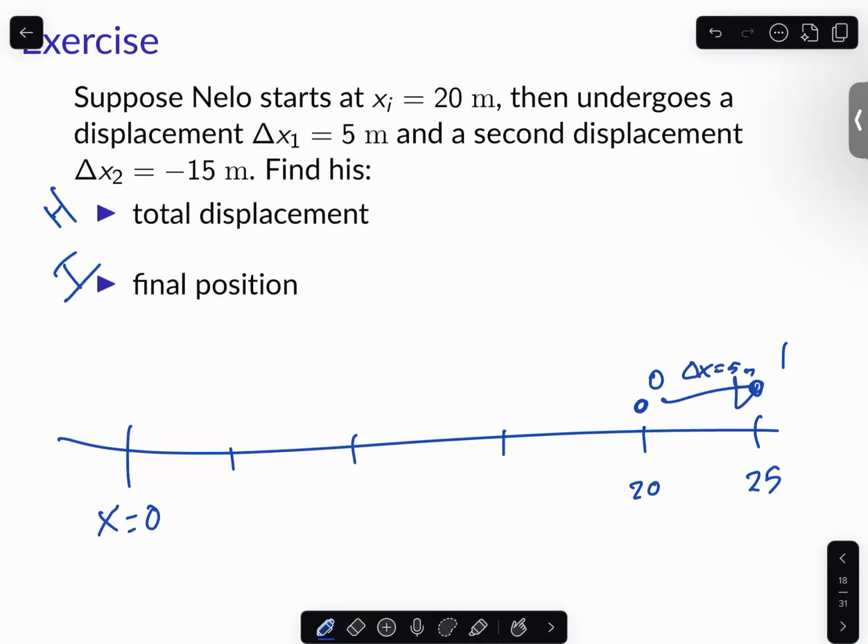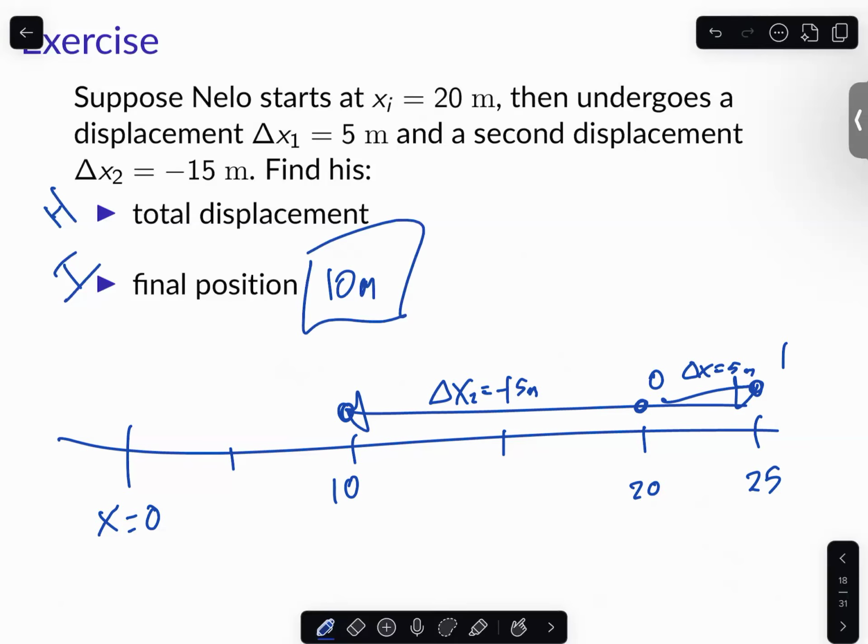Great. Where do I end up after the second displacement? I go 15 meters left. 25 minus 15 is, so far so good. Final position, I end up at 10 meters.